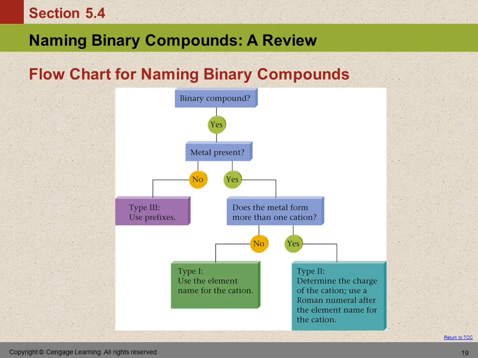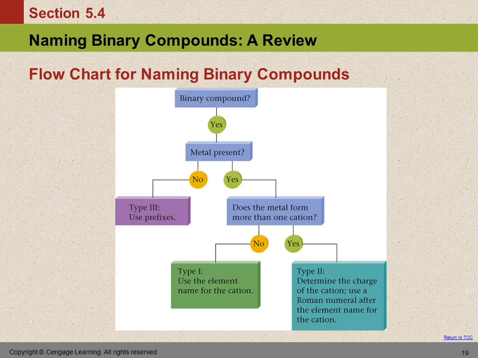So here's a flowchart for naming binary compounds. So the first question to ask is, is it a binary compound? What is a binary compound? It has 2 elements. If yes, then you ask yourself, is there a metal in it? If no, then it's a binary covalent compound, a type 3, and you can use the prefixes.